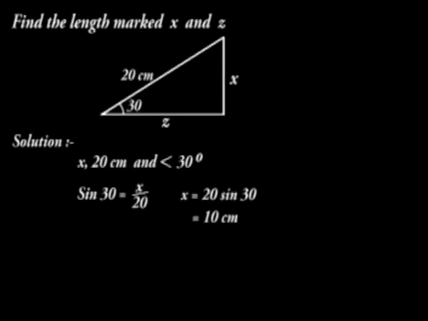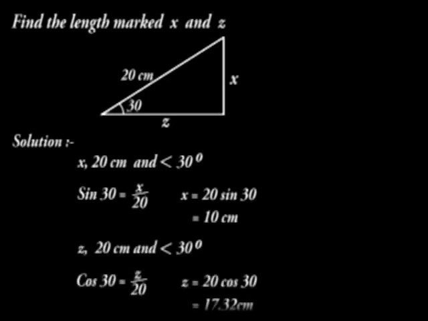Therefore, x is equal to 20 sin 30, giving us 10. z, 20 centimeters, and angle 30 are related by cosine. Cos 30 is z over 20, and z is 17.32 centimeters.